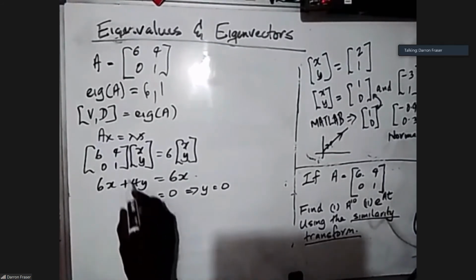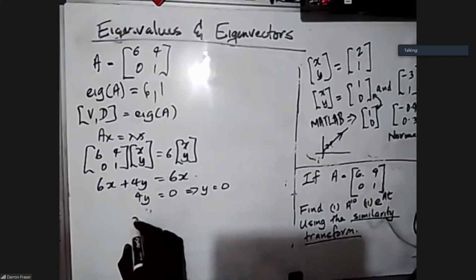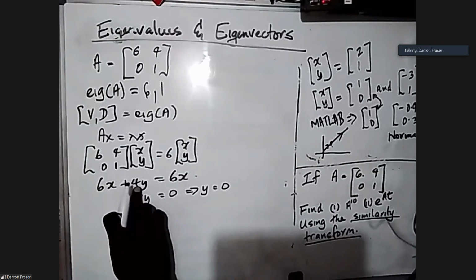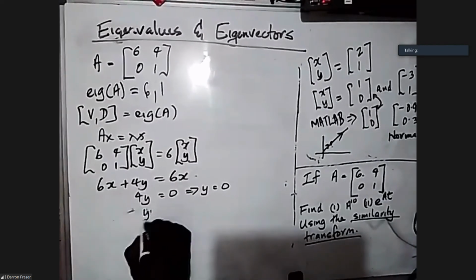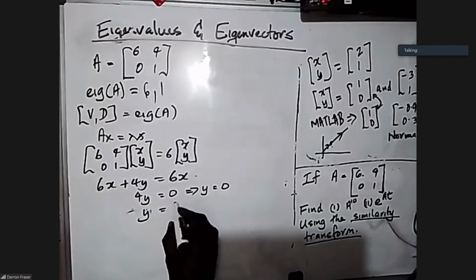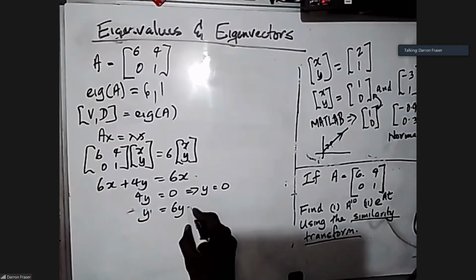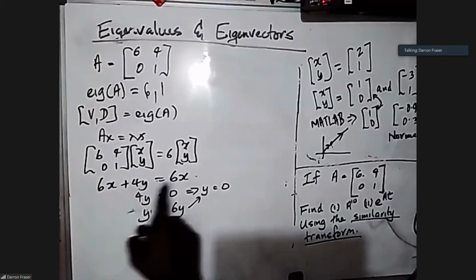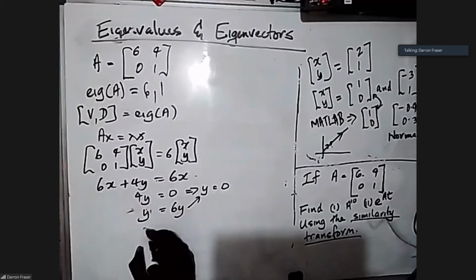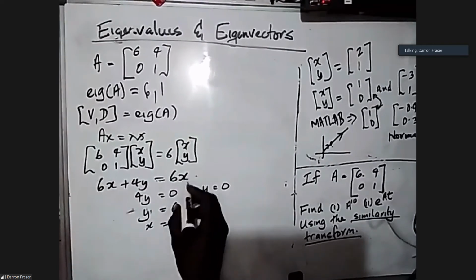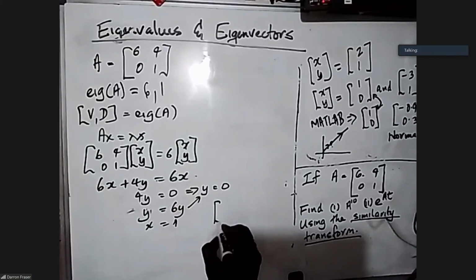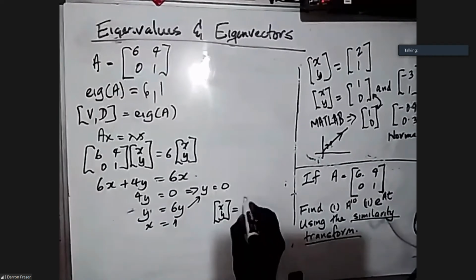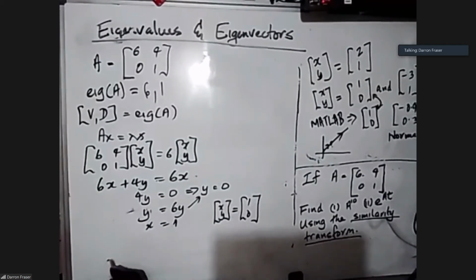If you plug in y equals 0, you don't have to go to the next one, because the next one says y equals 6y. So you know that y equals 0. When you plug in y equals 0, 6x equals 6x, so let x equal 1. So the first eigenvector is x equals 1, y equals 0.